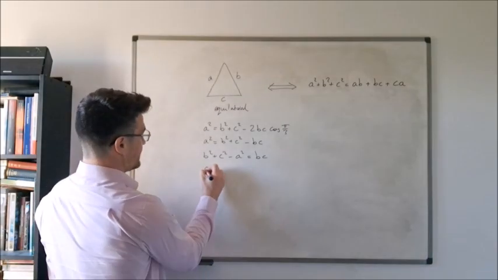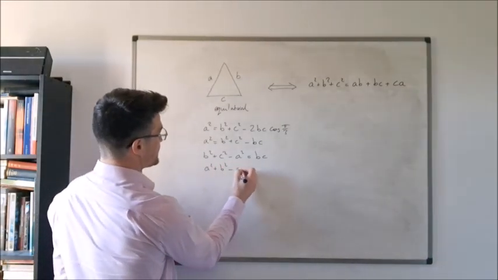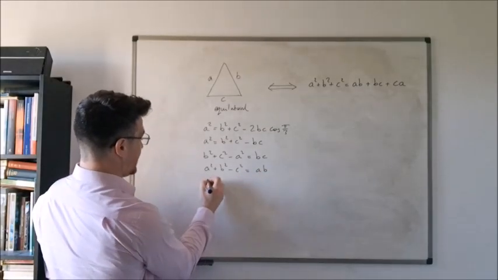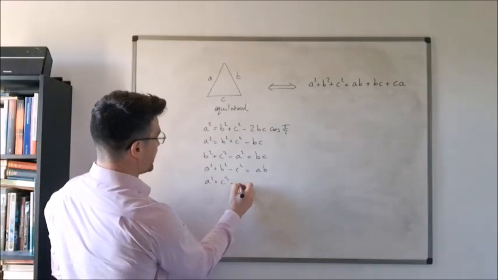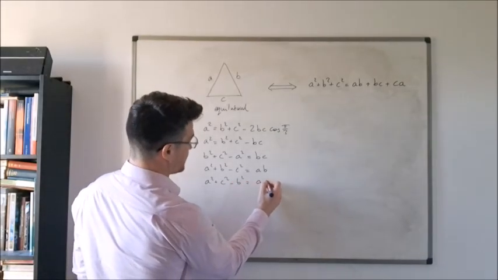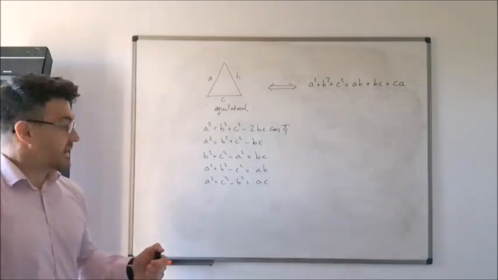Similarly, I can get that a squared plus b squared minus c squared is equal to ab. And finally, a squared plus c squared minus b squared is equal to ac, or ca, whichever, it doesn't make any difference.